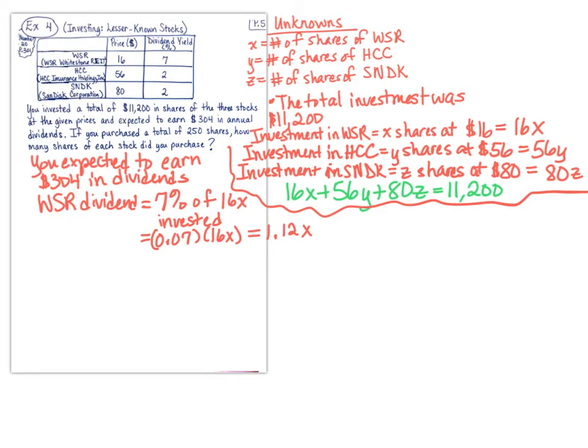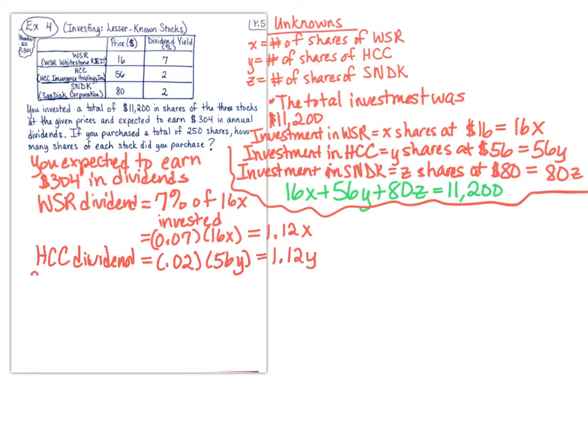Now, you expected to earn $304 in dividends. The WSR dividend had 7% of 16X invested, which is 0.07, because we're talking about percents, times 16X. That's going to equal 1.12X. Now, for HCC dividend, what do we have? 0.02 times 56Y. That gives you 1.12Y. Good.